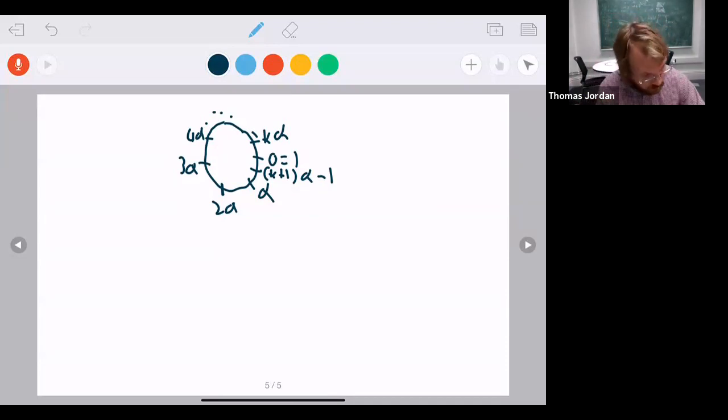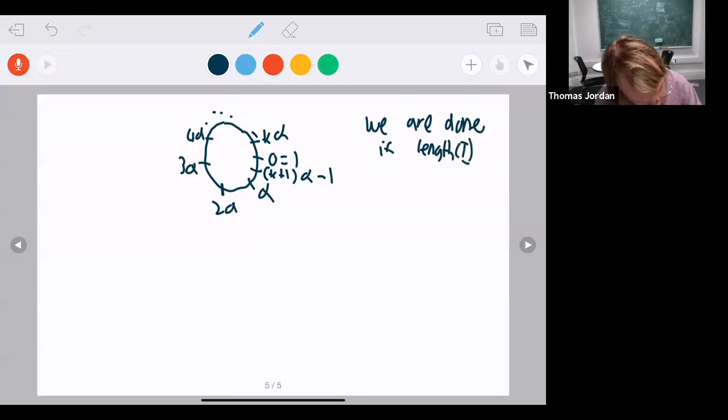Okay, so we're done if, let's say, the length of the interval I is greater than or equal to alpha. Now let's look at k alpha and k plus 1 alpha minus 1.